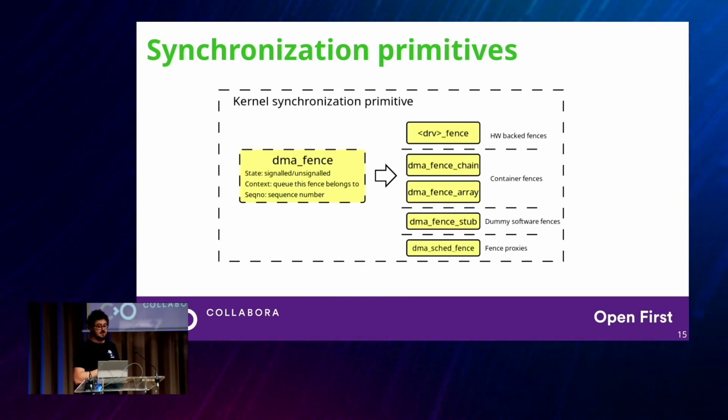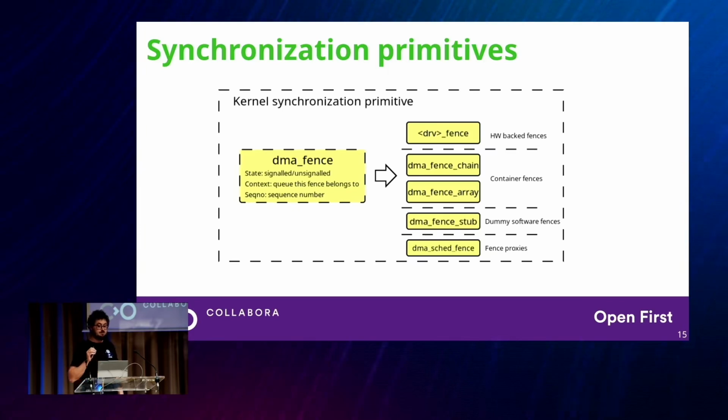And so that's what the sequence number is about, being able to figure out where things are currently and that sort of stuff. So each fence will be assigned a unique sequence number, and usually it increments one by one over time.